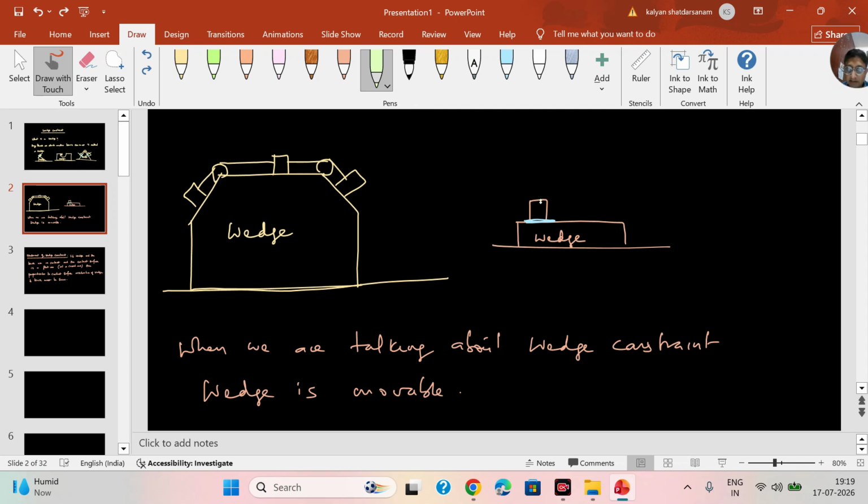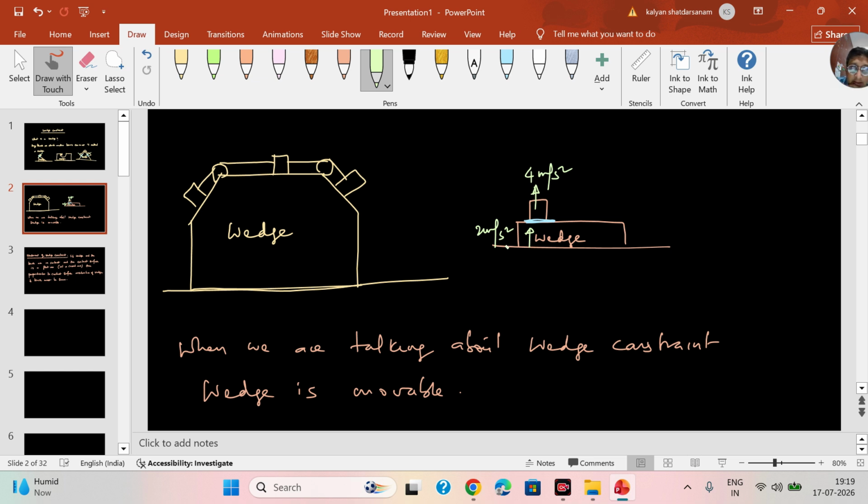How? For example, suppose the block has an acceleration of 4 meter per second square in that direction, and the wedge has just 2 meter per second square. Then what's going to happen is, in a small time, maybe 1 second or whatever, the block will gain a greater velocity and wedge will have a lesser velocity, so they get separated.